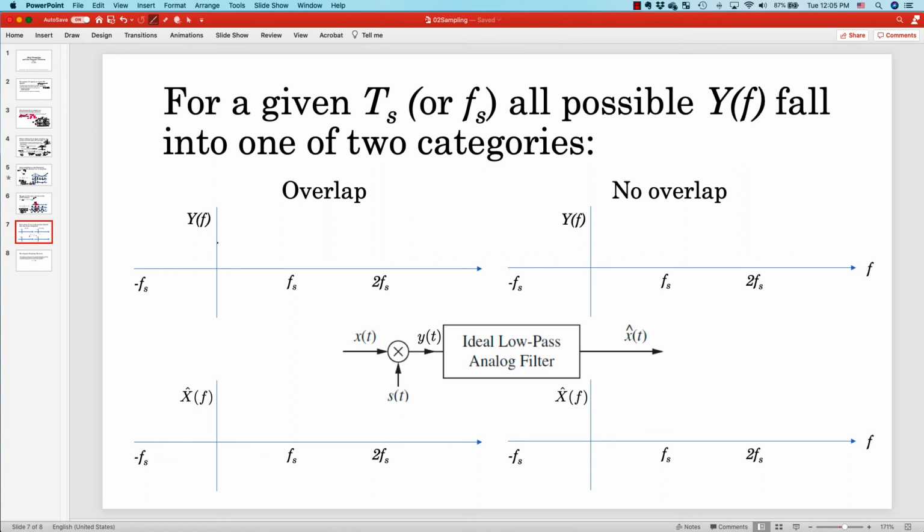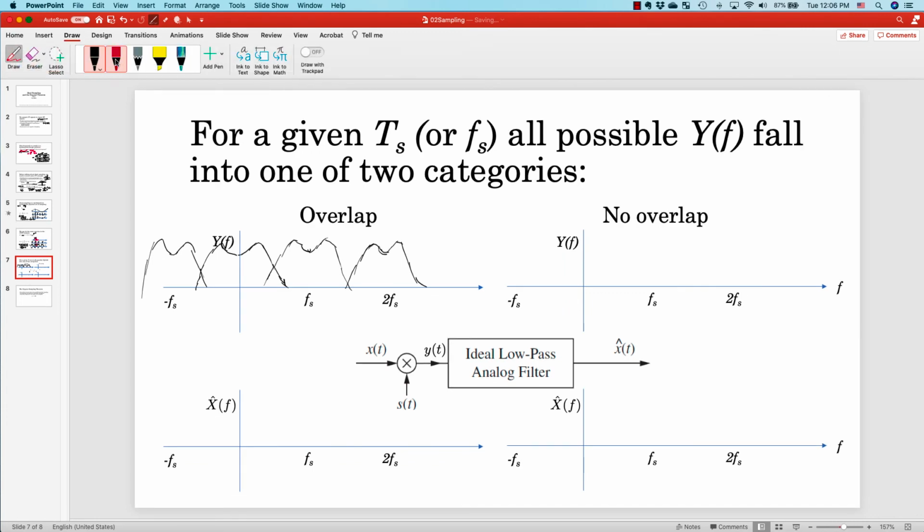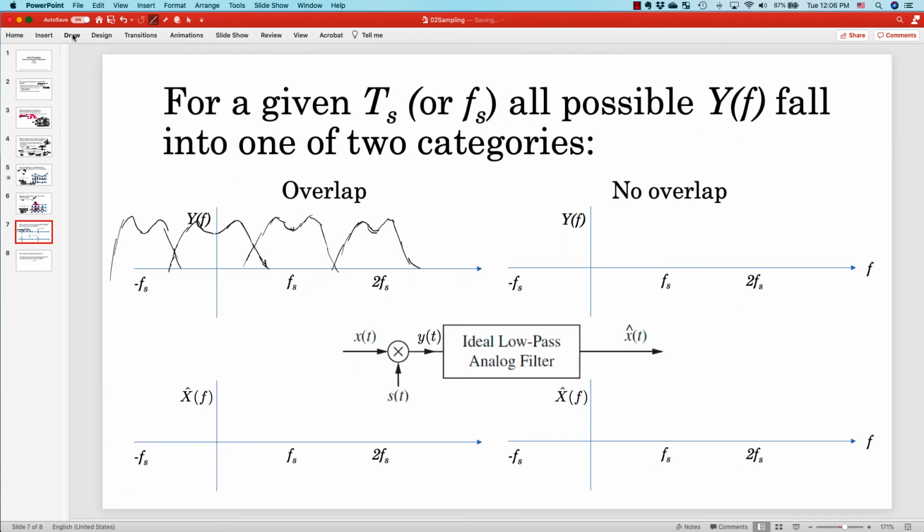So again, I'll do the kind of sloppy picture where here's the k equals 0 copy, and then the k equals 1 copy, and the k equals 2 copy, and then if you like also down here, where I've kind of drawn them as crossing each other, but really this is a sum, remember.